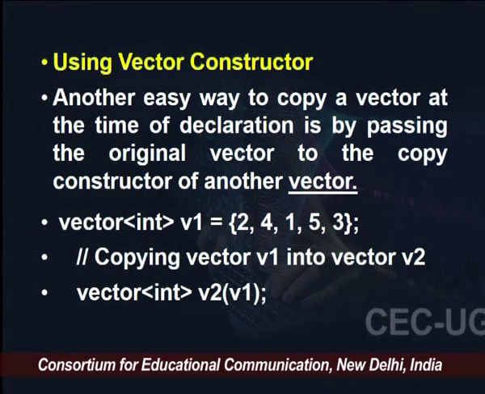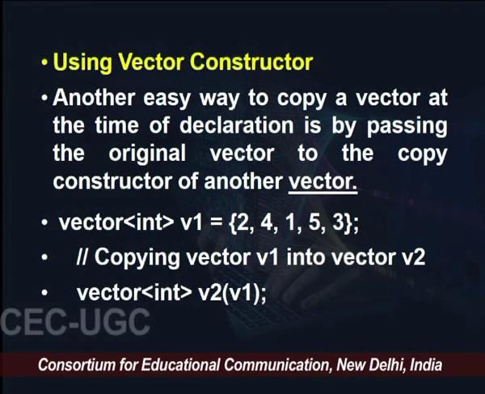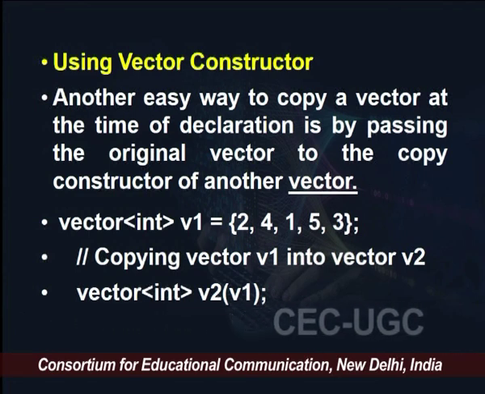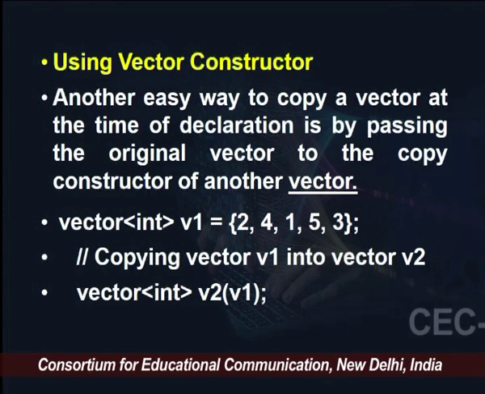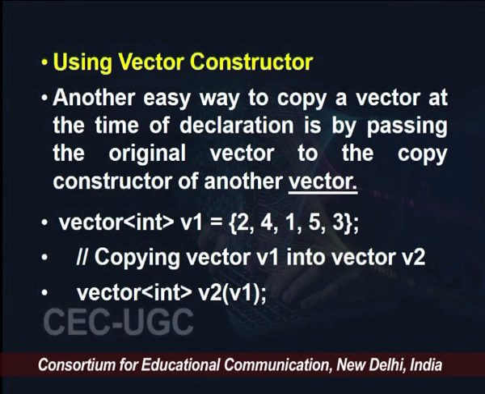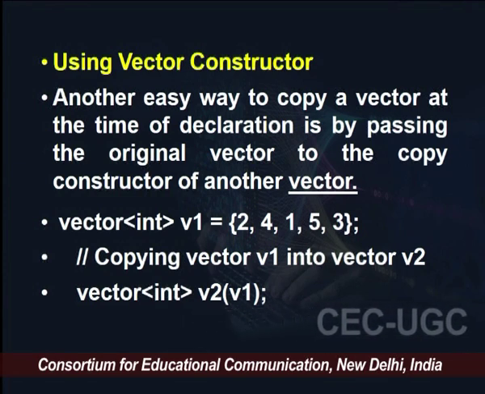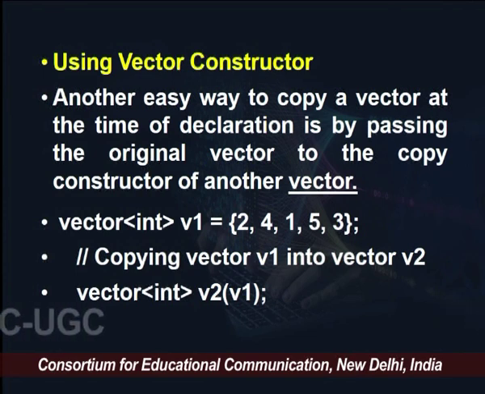But this is done at the time of declaration, because we are using the constructor here, and this is done by passing the original vector to the copy constructor of another vector. For example, we have vector<int> v1 = 2, 4, 1, 5, 3, the old vector we have taken as an example.